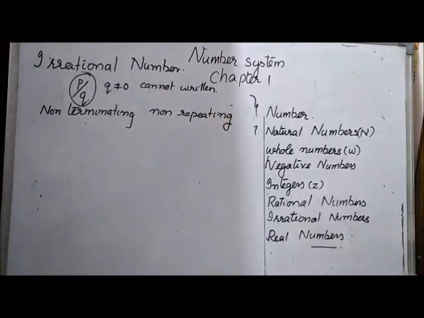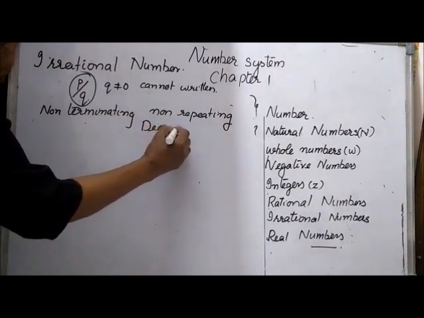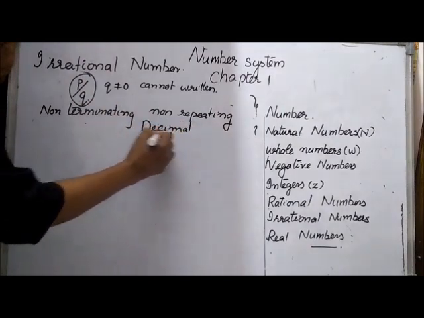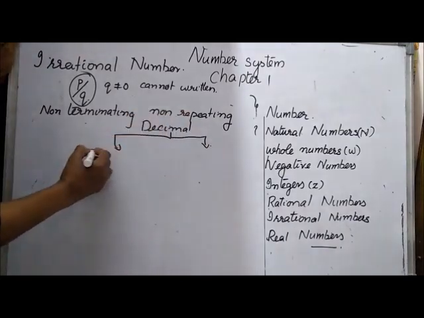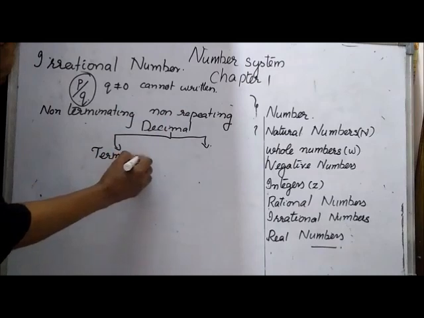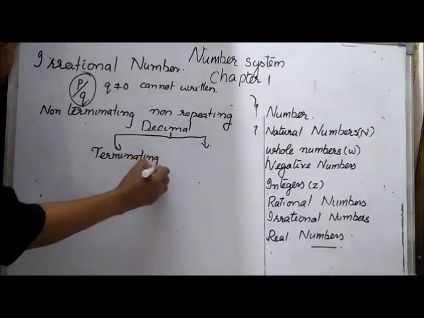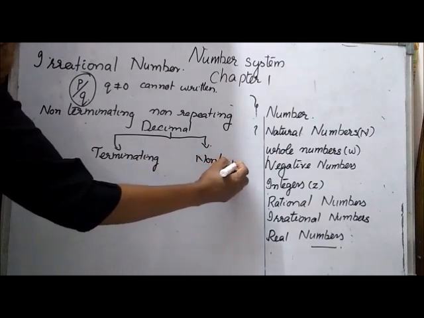What is meant by non-terminating, non-repeating number? Here, decimals are divided into two types of number, that is terminating and non-terminating.